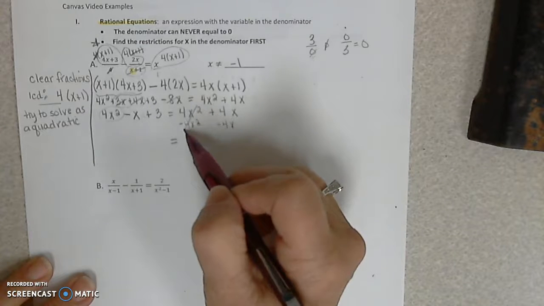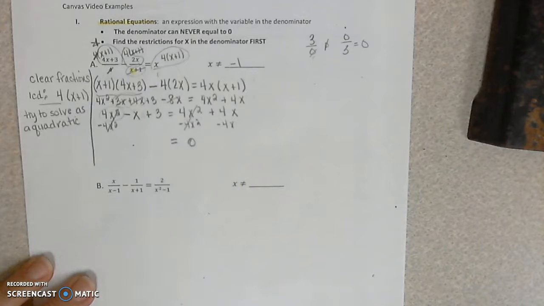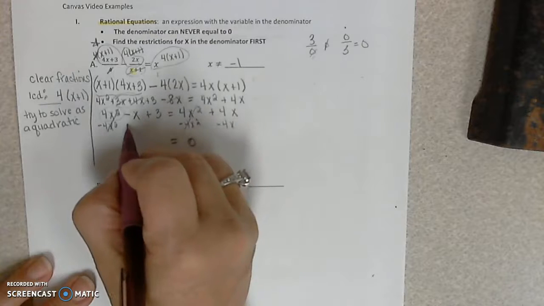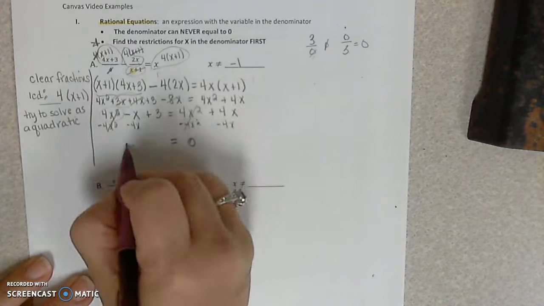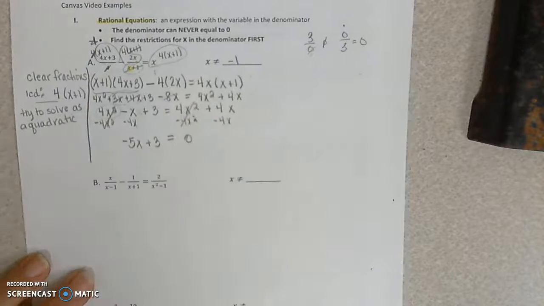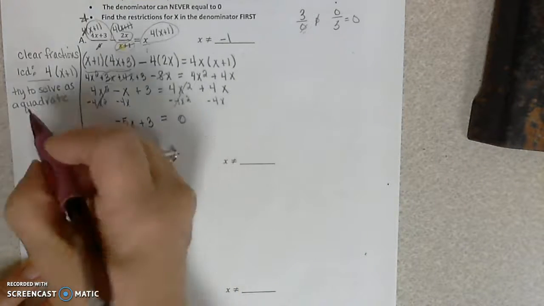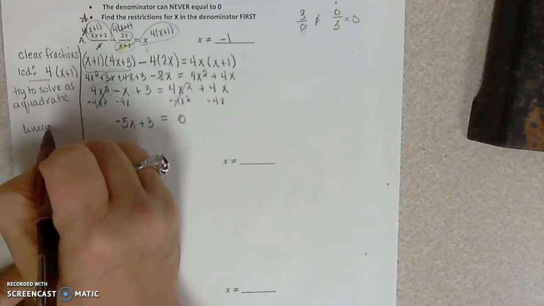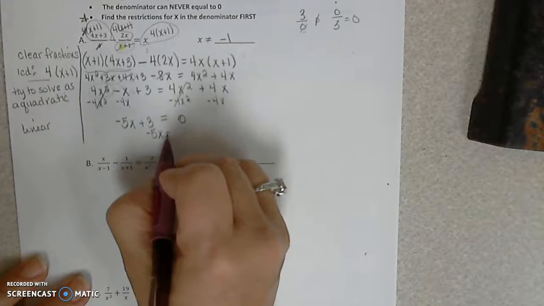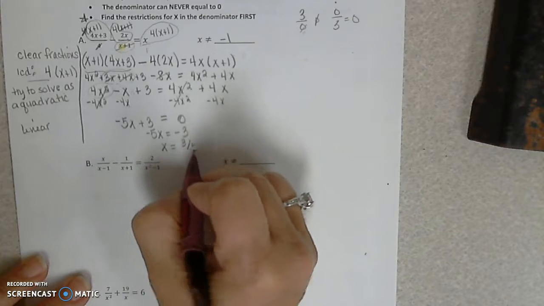But if I take a 4x squared away from here, I'll take it away from here, and it zeroes out that x squared term. Subtract the 4x, subtract the 4x, and I end up with a negative 5x plus 3 equals 0. So this is just linear now. Linear, solve the linear equation. So if we subtract a 3 from both sides, we end up with x equal 3/5.